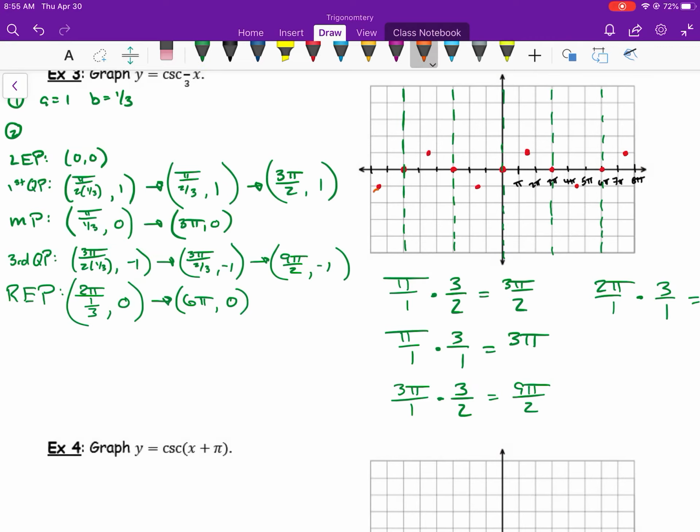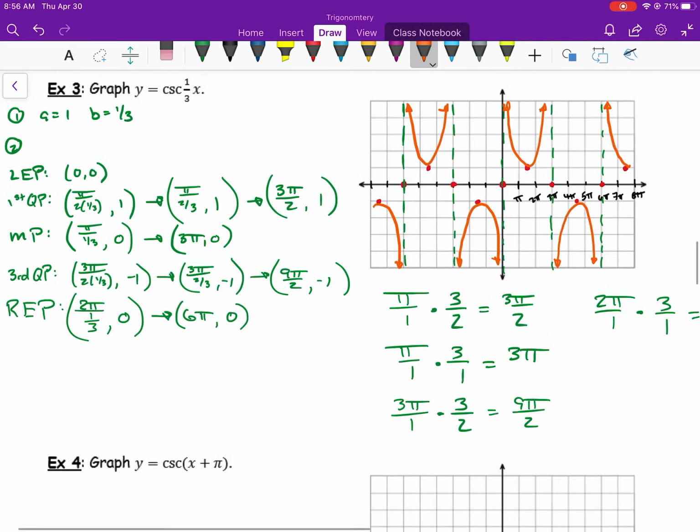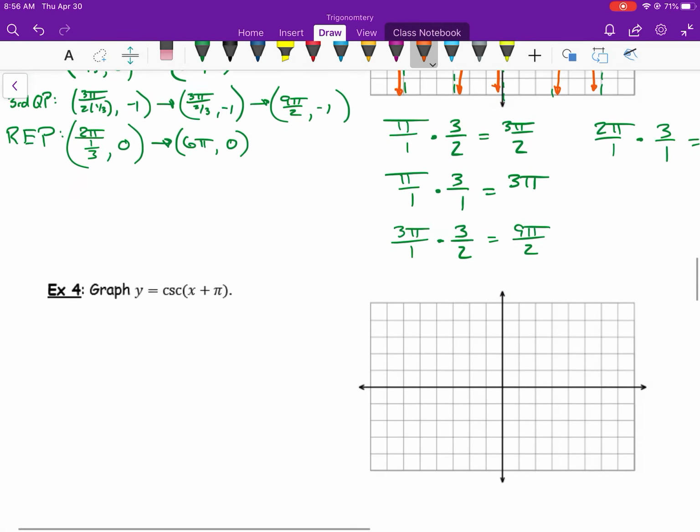And my U's. I don't get a full one all the way there on the left. It's alright though. We're all the way on the right. So that's cosecant of x over 3.